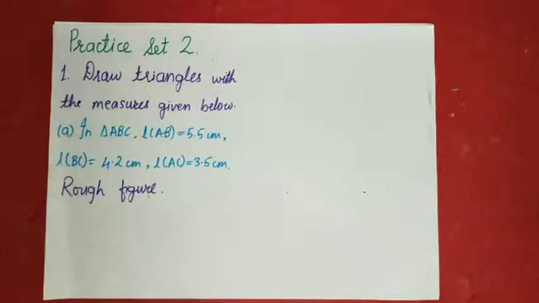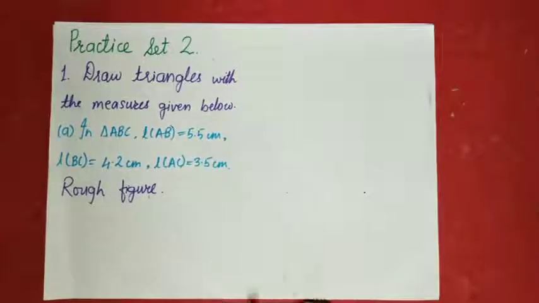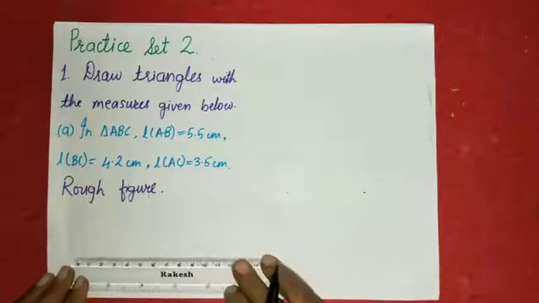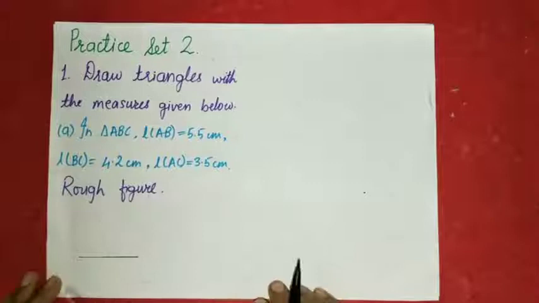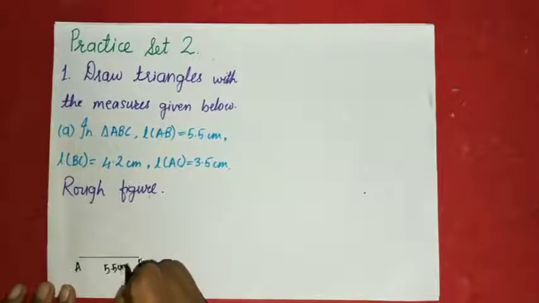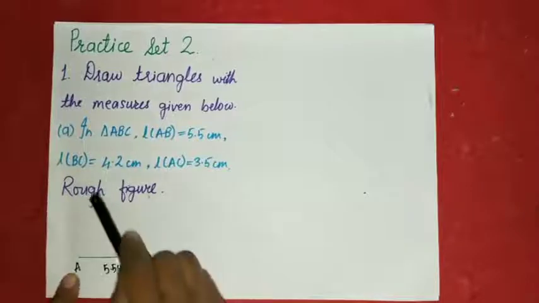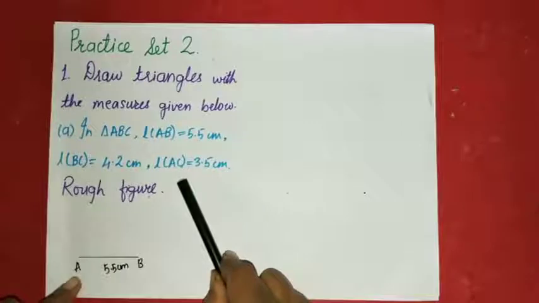Now, which is the longest side here? It is 5.5 cm. So we will show it as the biggest one in our rough diagram. Take any measure. Draw here length AB as 5.5 cm. Then from vertex A, will you draw segment BC from vertex A or segment AC from vertex A?